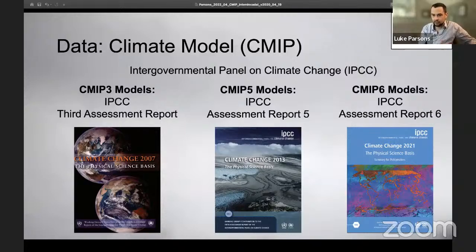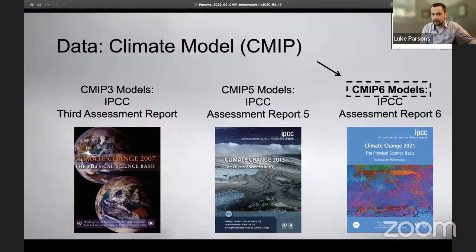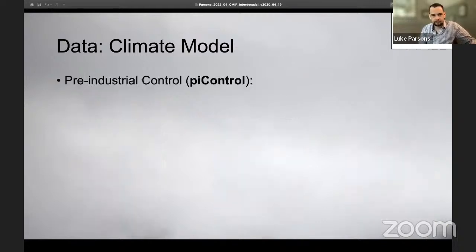And the last two working groups came out in the last month or two, I think. So mostly these are relatively new model simulations. And when I wrote this paper back in 2020, they were kind of hot off the supercomputers, I guess you could call it. And so I'm going to be focusing mostly on these newer model results.